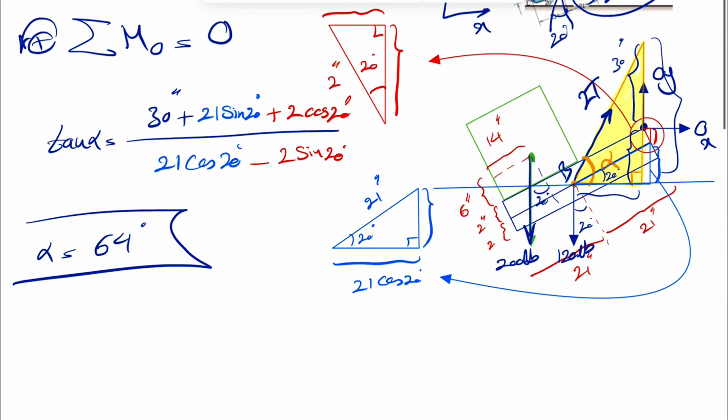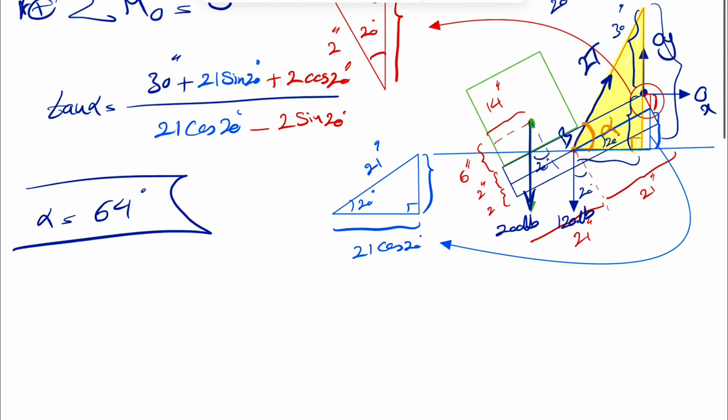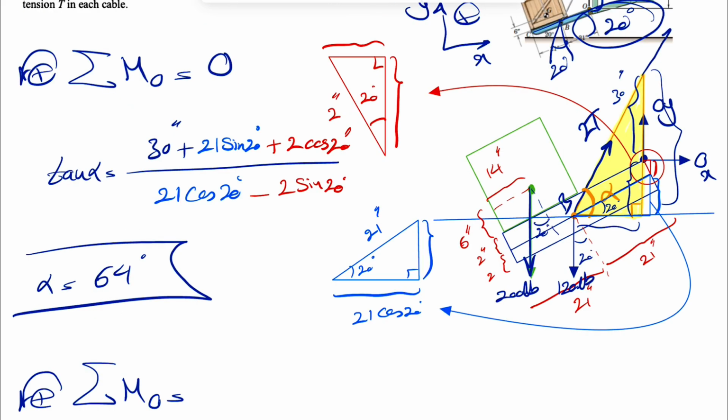But now it should be pretty easy because we figured out that angle, and for finding the moment about O, we just have to resolve these forces. So again, we are trying to find the moment about point O. Now that we have that, this would be our 2T.